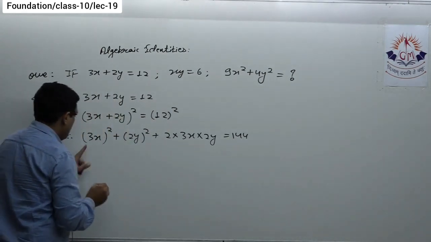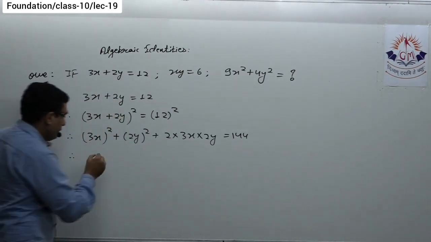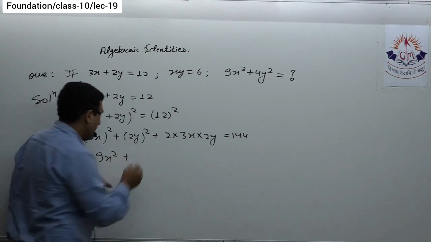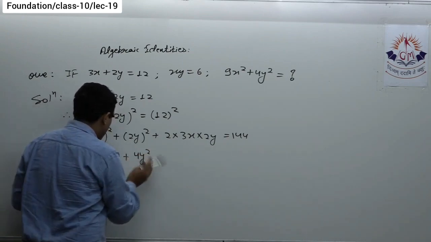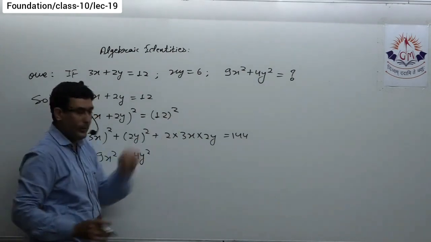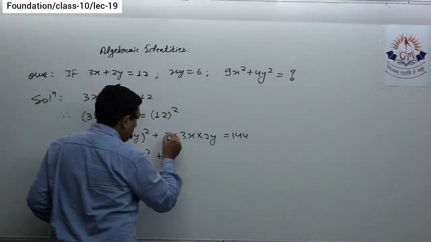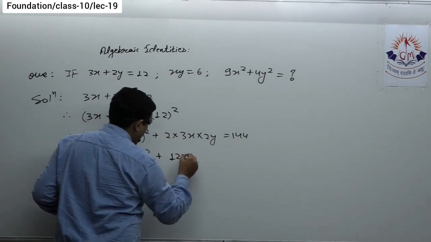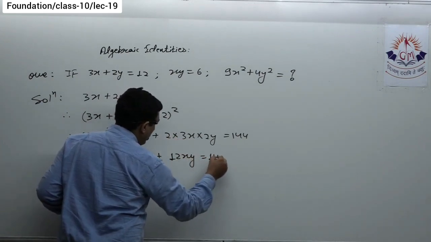Now, this 3x whole square gives you 9x square, and this 2y whole square gives you 4y square. That is the expression whose value we have to obtain. Over here, 2 into 3 into 2, that is 12xy, is equal to 144.